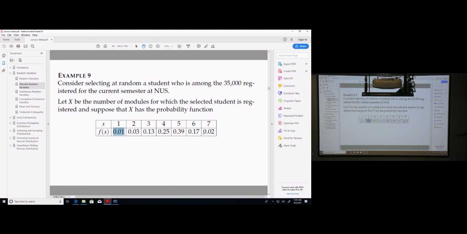And there are some students who are very ambitious and take 7 modules in one semester. Later on, we'll call this the mode. 5 is the mode of the distribution because this corresponds to the highest probability. All right, we will not probably talk about this now.